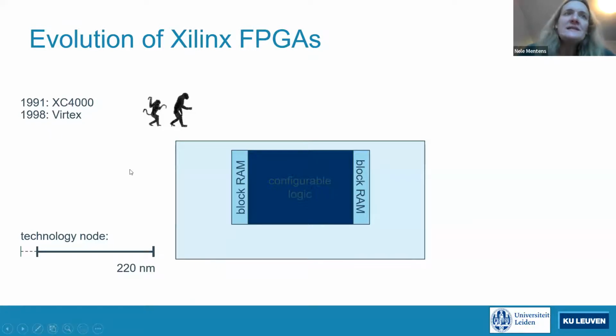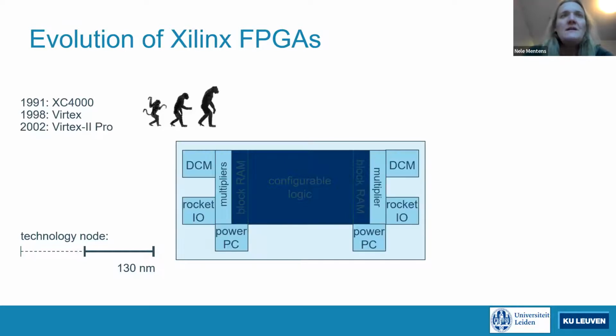So in one of the next generations, block RAM was added next to this configurable logic. Because in previous generations, when there was no block RAM, when we needed embedded memory, that would only have to be implemented on the flip-flops in the CLBs. And this is not an efficient way of storing data. So this was one advancement or evolution.